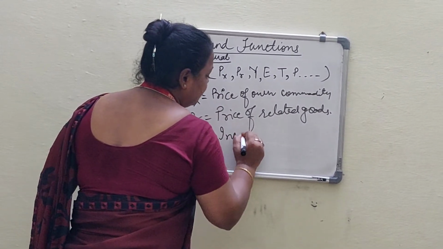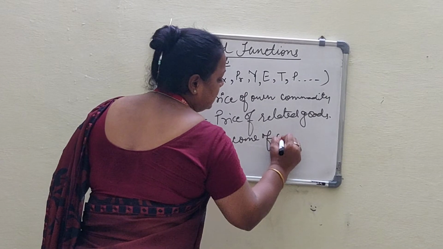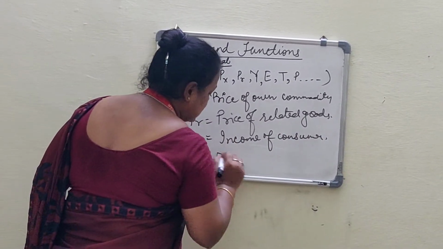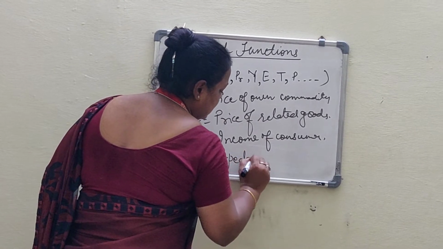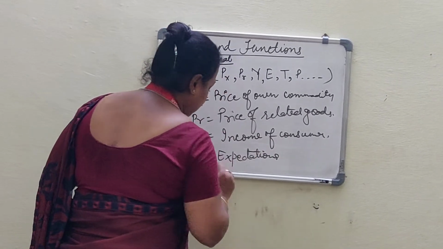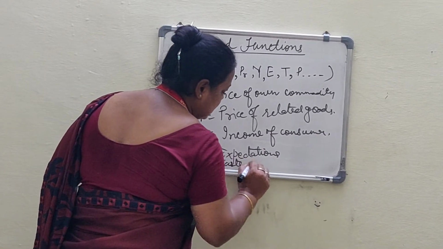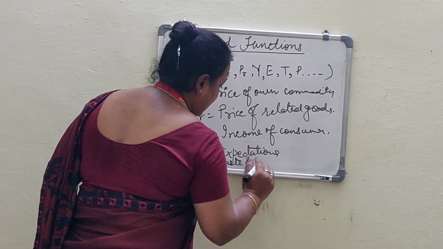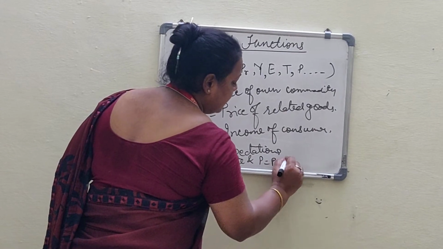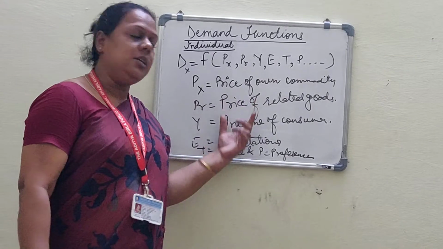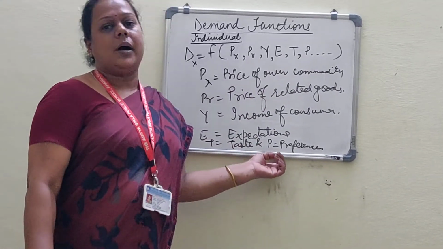Then income of consumer, and E stands for expectations, then T stands for taste, and P stands for preferences. Am I clear, students? So this is the individual demand function for one consumer.